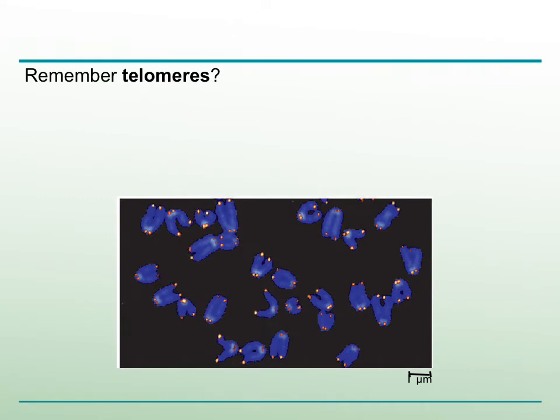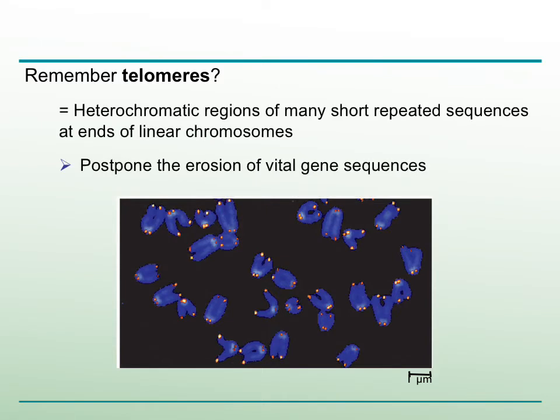And what are the ends of our chromosomes called? Those are our telomeres. But what do we know about the structure of our telomeres? They are heterochromatic regions. They consist of many short sequences that are repeated hundreds of times over and over again.